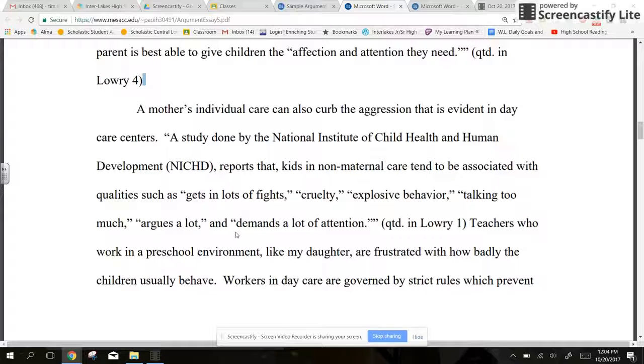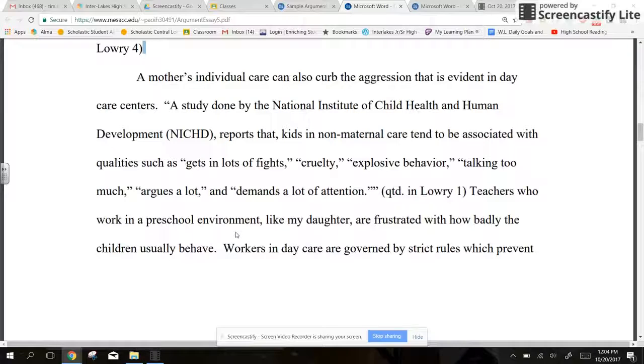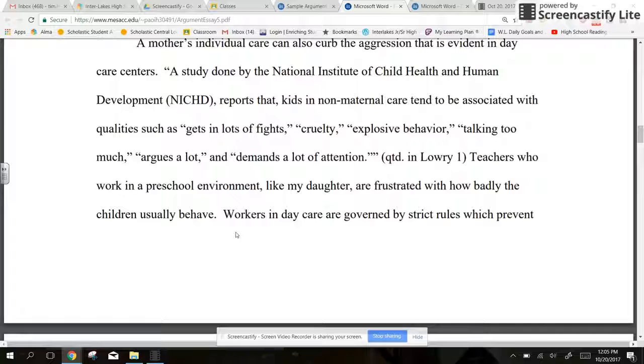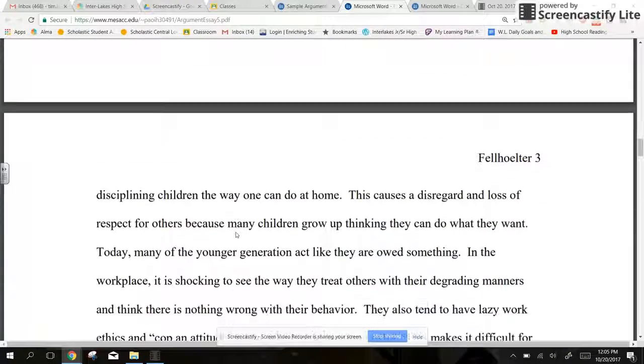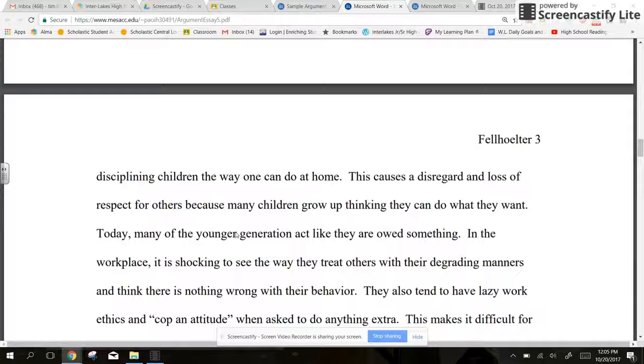Teachers who work in a preschool environment like my daughter are frustrated with how badly the children usually behave. Workers in daycare are governed by strict rules which prevent disciplining children the way one can do at home. This causes a disregard and loss of respect for others because many children grow up thinking that they do what they want.